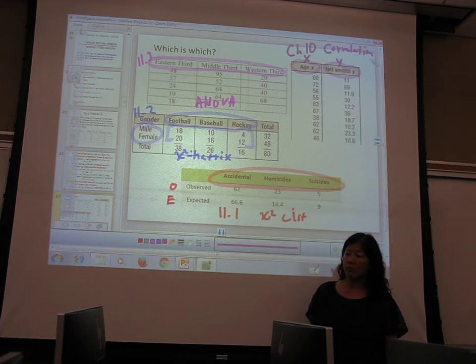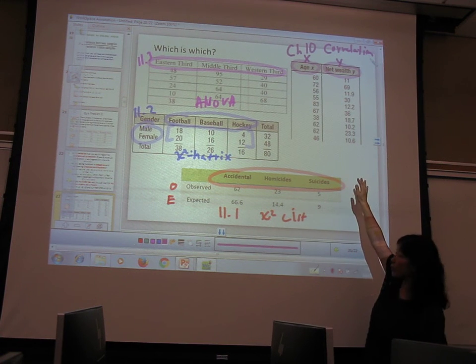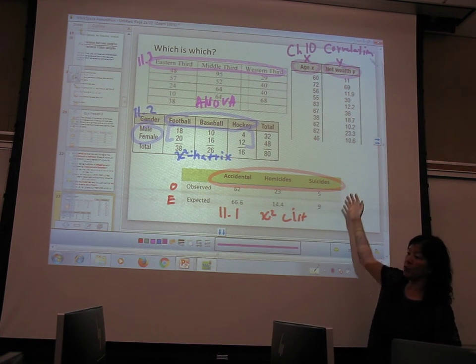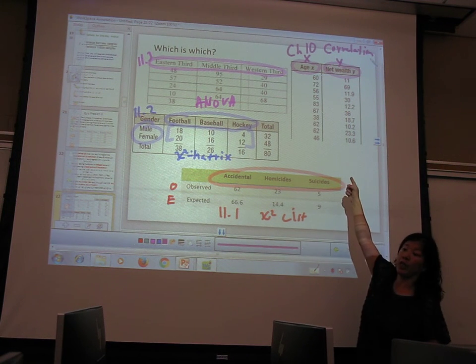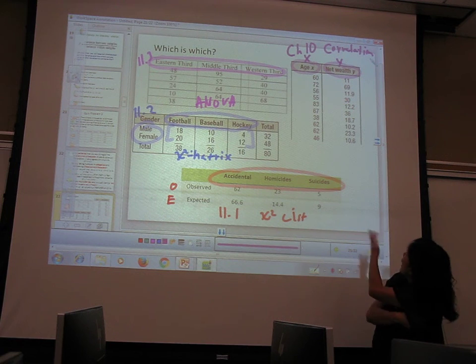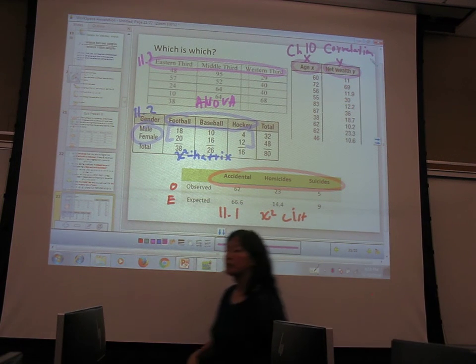And that one would be, there is or is not enough evidence to support the claim of a correlation between blank and blank, typically. Like age and net worth.